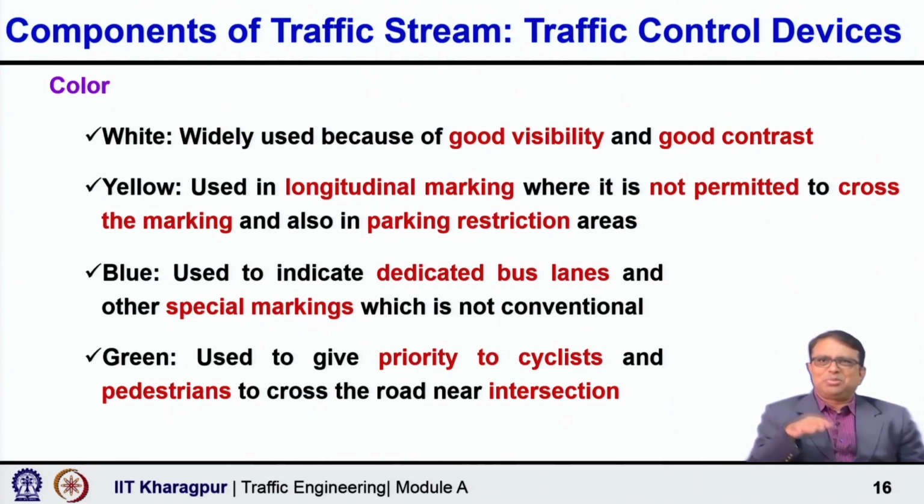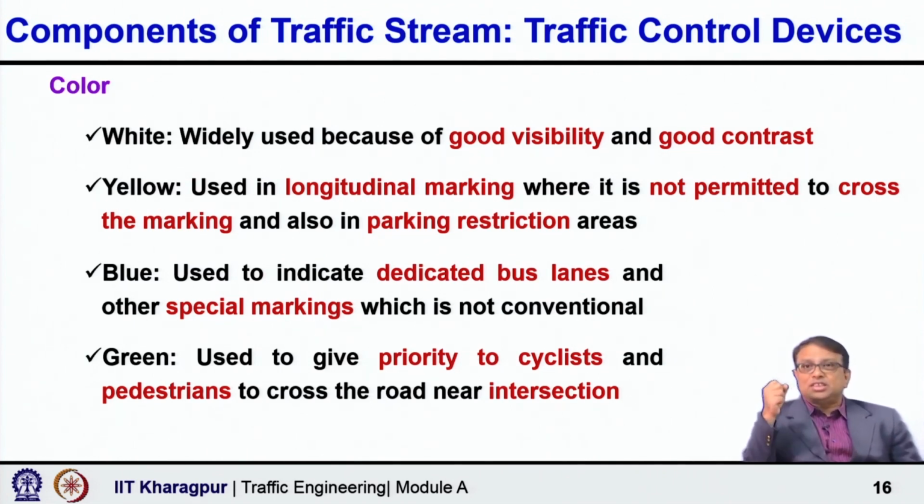So, against black the white visibility is very good. Then the yellow, normally used in longitudinal marking, where it is not permitted to cross the marking and also in parking restriction areas. Yellow is restrictive, parking is not allowed. So, for the center line, you cannot cross, that becomes yellow, restrictive in nature.